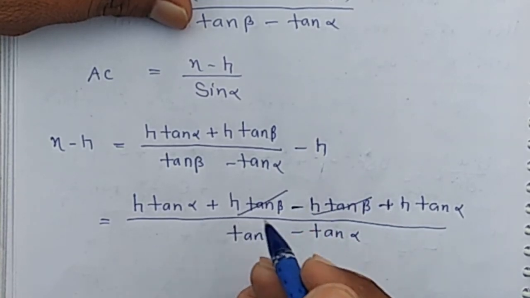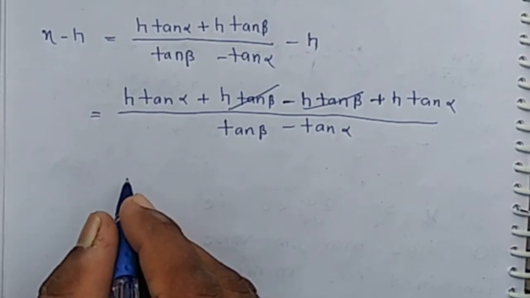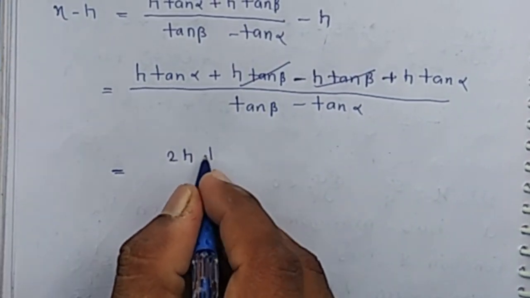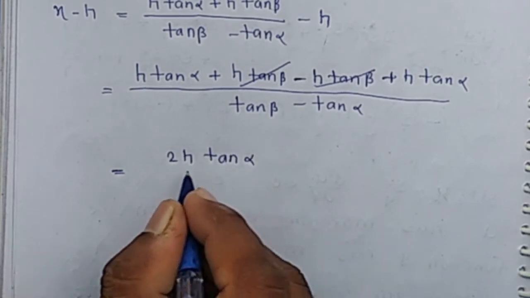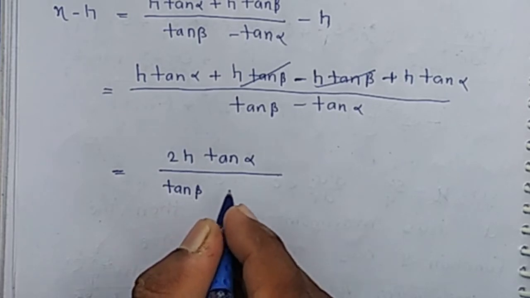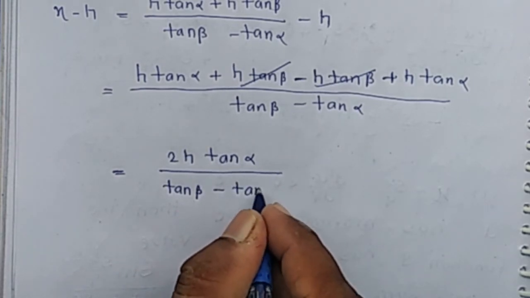H tan beta cancels out. We have 2H tan alpha by tan beta minus tan alpha.